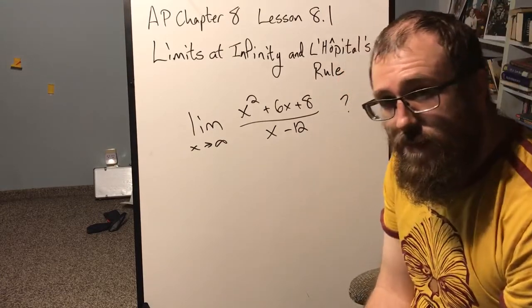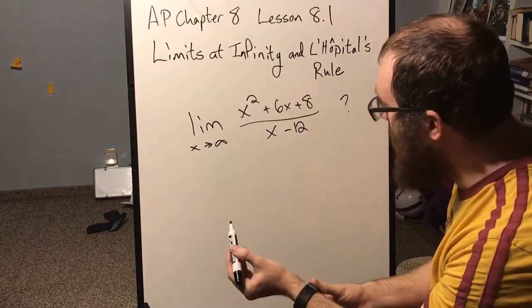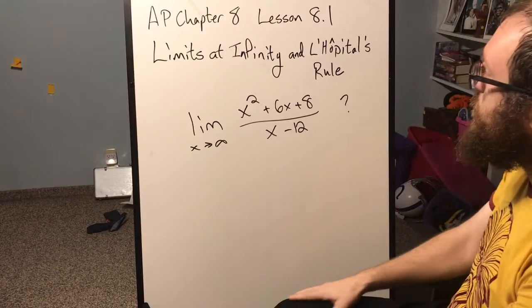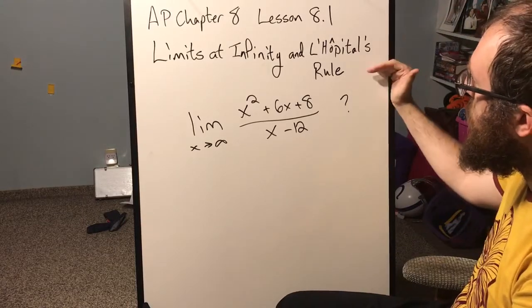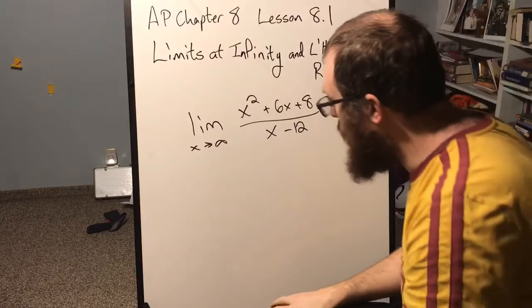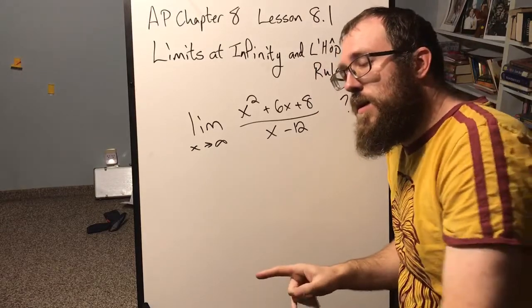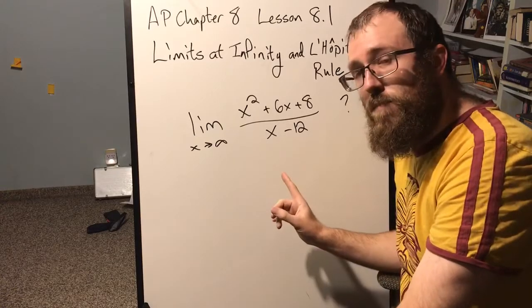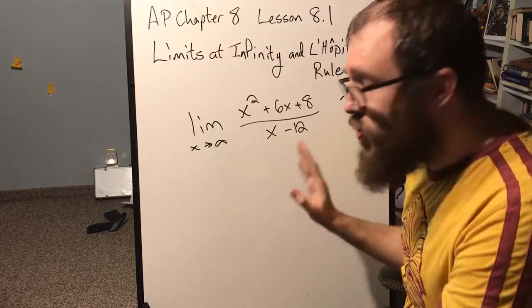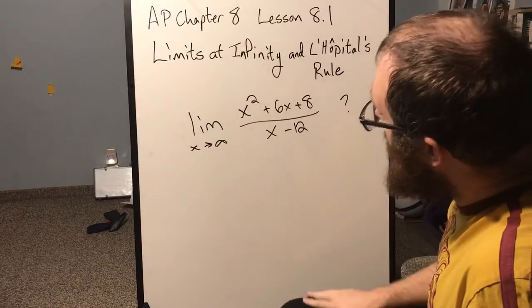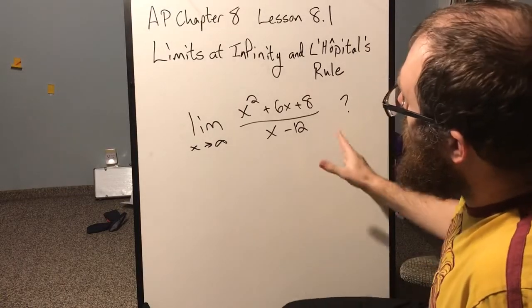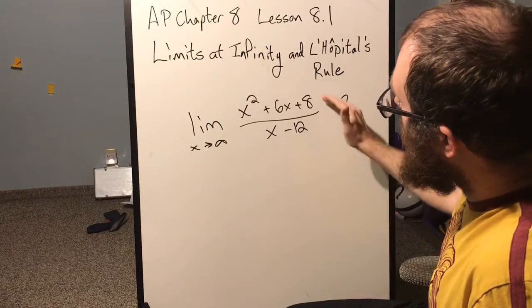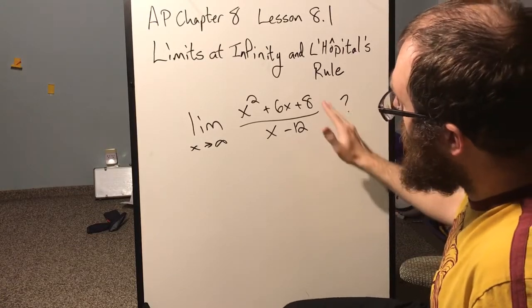Now, the key to this is to pay attention to what piece of this, numerator or denominator, is going to ultimately have more power in this function. Short term, they both have fairly equal power in the early movements. If I put 1 or 2 or 3 in, both of these are balancing each other pretty well.